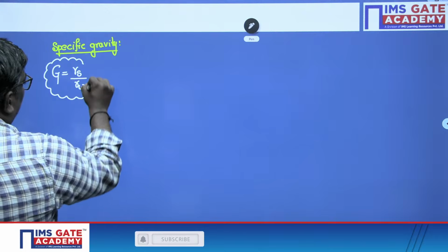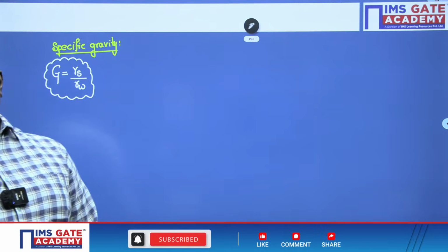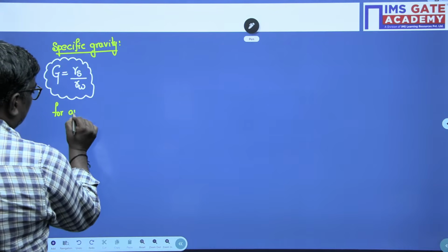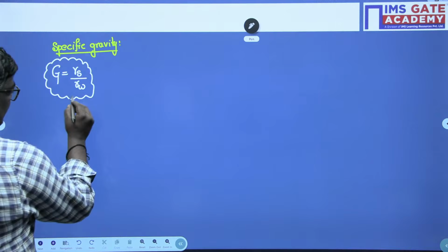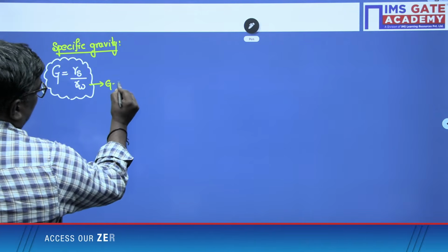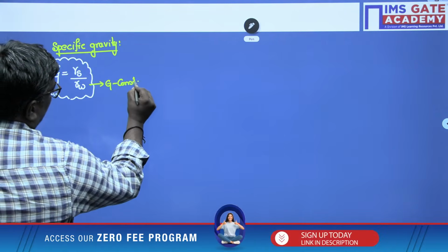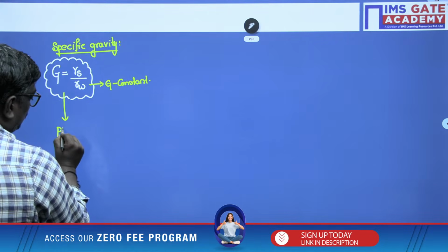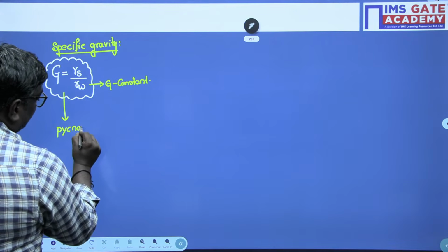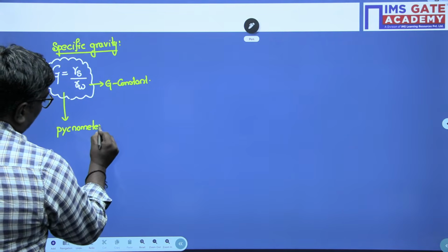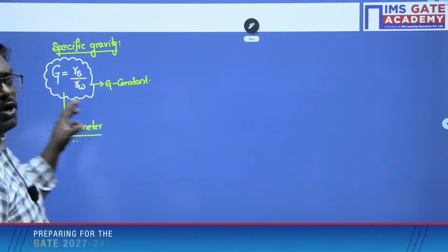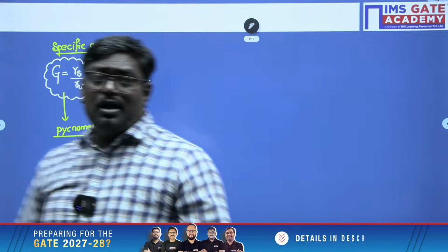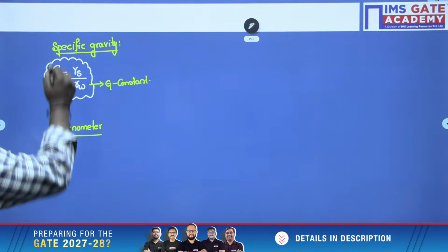So for any given soil, always remember that, sir, G will be constant because gamma S is constant and gamma W is also constant. Specific gravity is determined by an instrument known as the pycnometer method. You can call it specific gravity, or you can call it true specific gravity, my dear students.